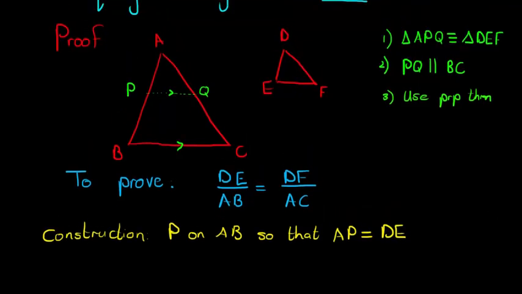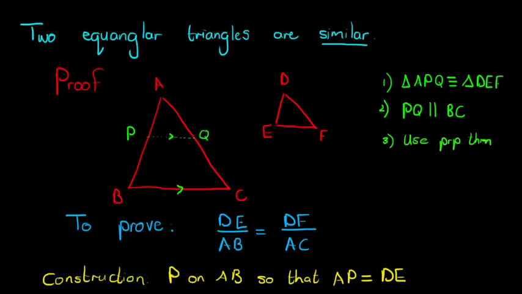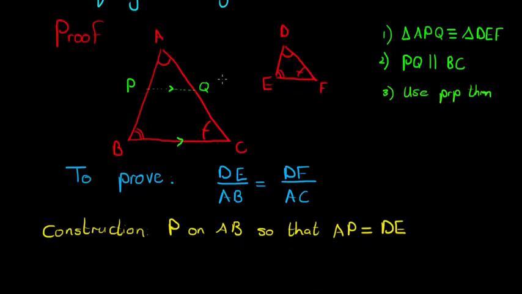Now just remember that I didn't put it in here, but we said we have equiangular triangles. That means that A and D are equal, B and E are equal, and C and F are equal. And that's given because we have equiangular triangles. I just forgot to mention that.